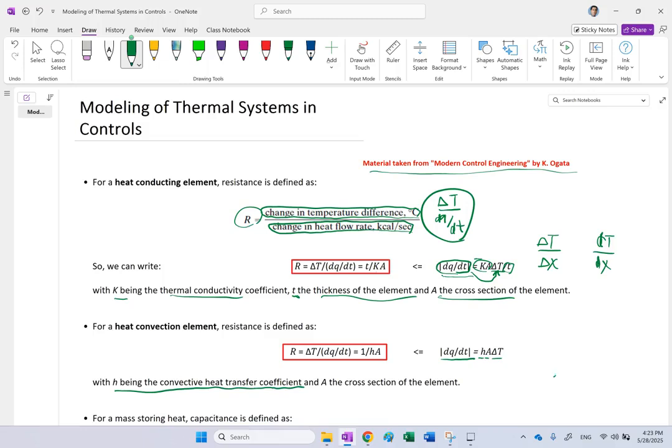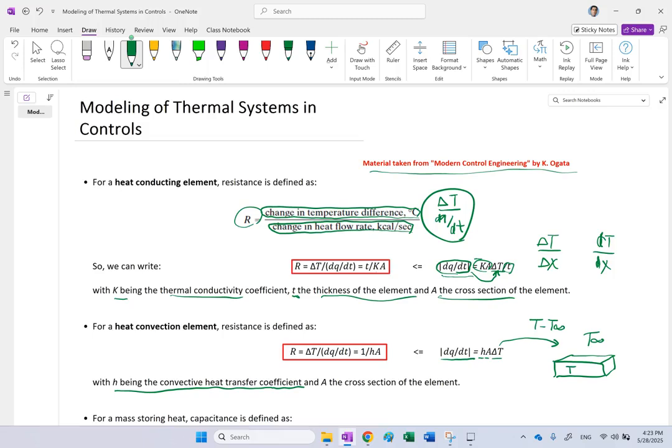Let's say you have a hot object here, and this hot object is surrounded by air or any other fluid. The temperature of this fluid is what we call the ambient temperature. Some notations use T infinity or T ambient. So delta T here is the difference between these two, that's T minus T ambient, correct?